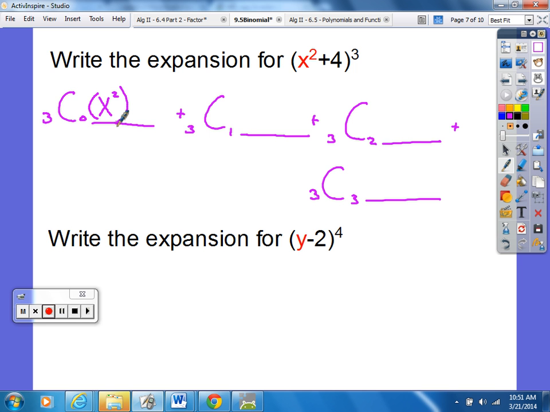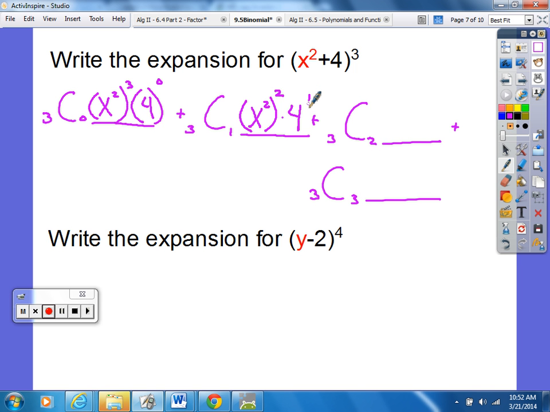And what's the exponent right now? 3. So it gets to the third power, and the other item, the 4, goes to the 0 power, because 3 plus 0 would give me that highest exponent of the 3. We talked about that briefly yesterday. My next one will have the x squared, but now it's to the second, and the next number would be 4 to the first.